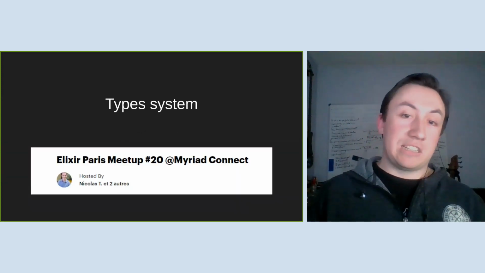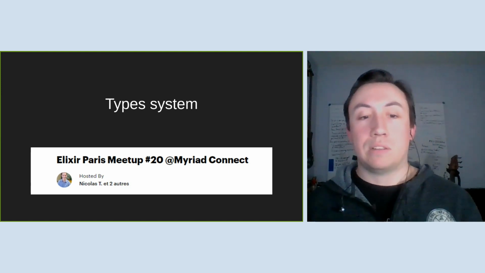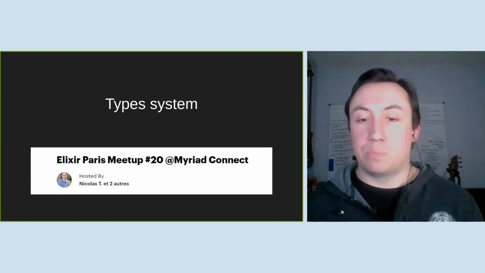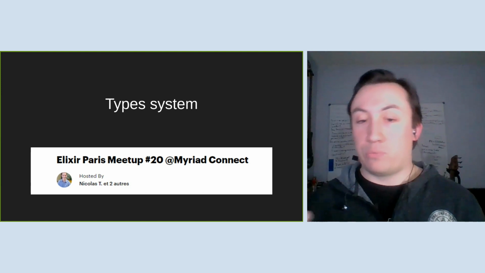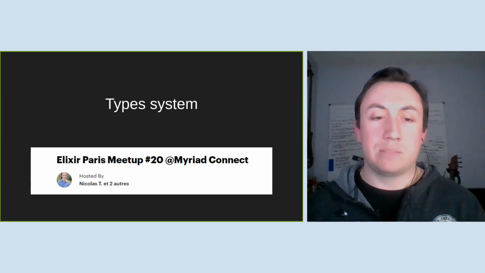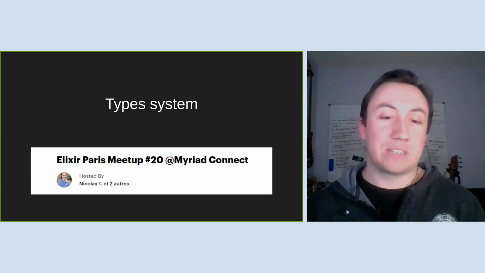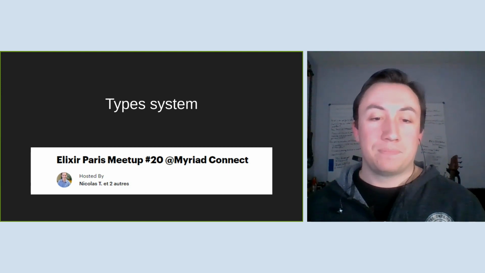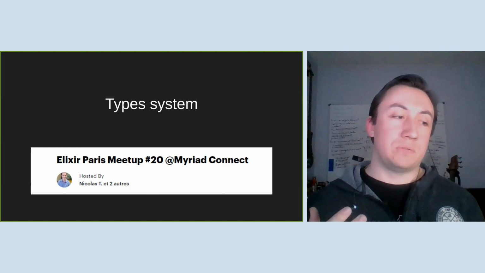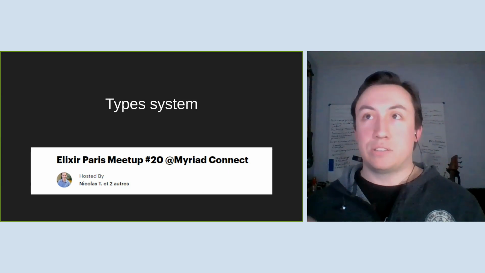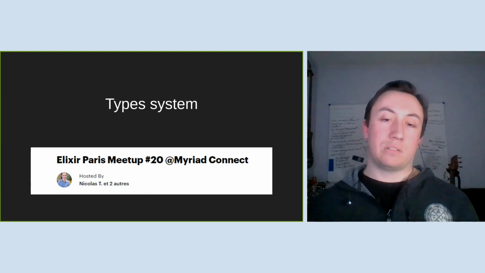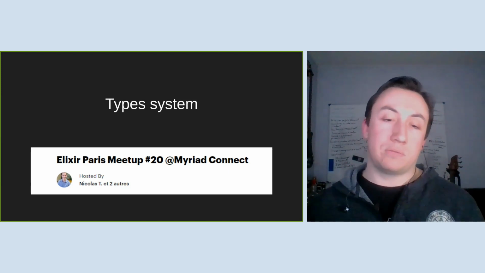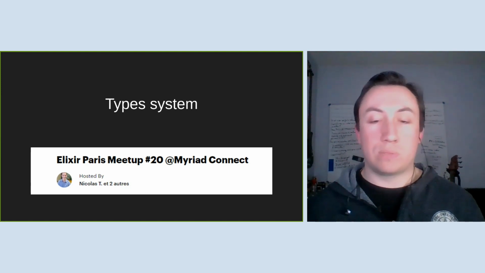Something which doesn't exist yet is the type system. So I've been to the Elixir Paris meetup, which was in November, on the 20th. As I'm French, I haven't explained that yet. Maybe you could have guessed with my accent. In this meetup, we had a student, a doctoral student, someone who studies programming languages.